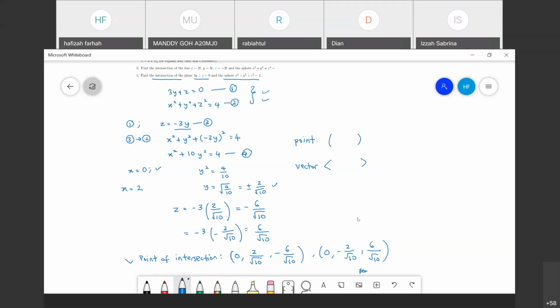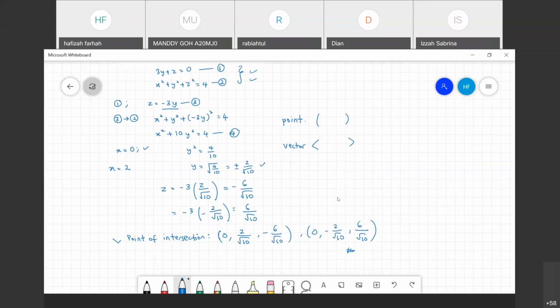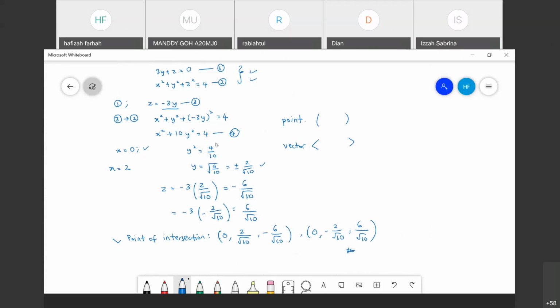The reason why it is square root 2 over 5? Y is equals to 2 over 5, sure. Y is equals to square root 4 over 10, or it can be square root 2 over 5. Yes, it also can be 2 over 5.